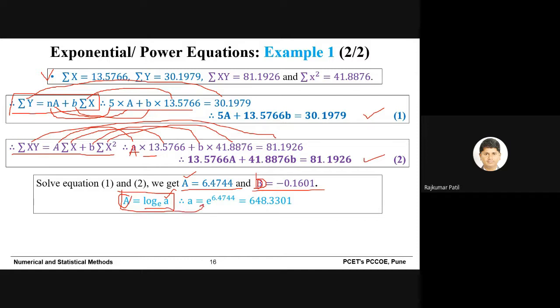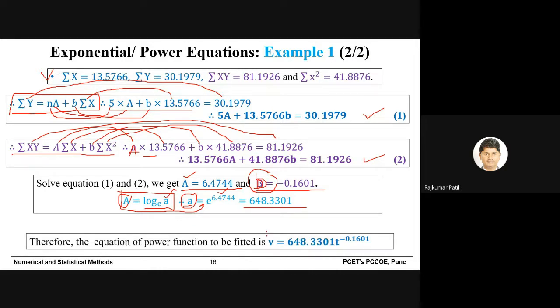Simplify this equation in terms of small a and put in the value of A. When you do that, you will get the value of a as 648.3301. Now you have the values of small a and small b. Put them into the given equation, and you will get v is equal to 648.3301 t raised to minus 0.1601.